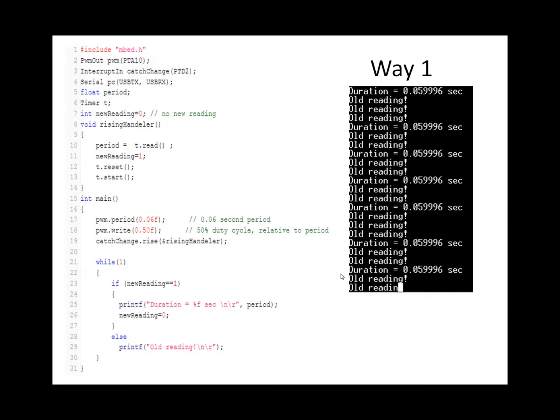So now, do the numbers make sense? Does the number make sense?